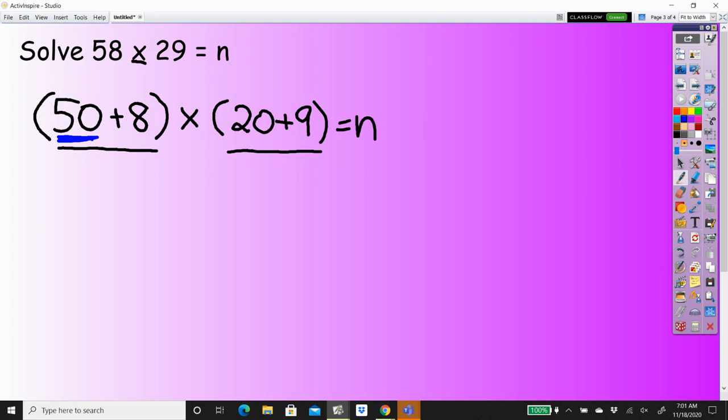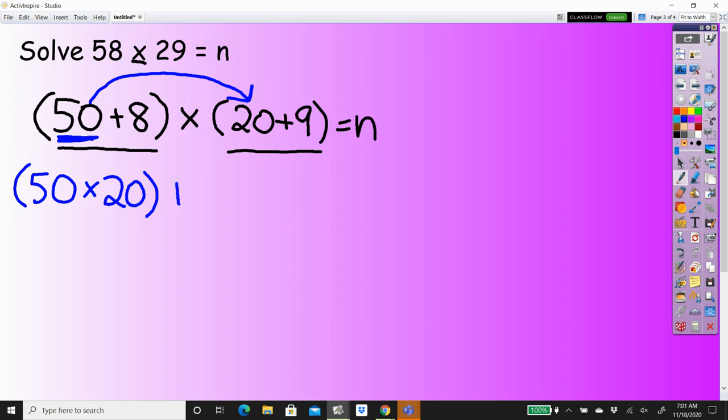Distribute 50. 50 times 20. And I will write that down. 50 times 20 plus. Now distribute the 50 to the 9. 50 times 9.